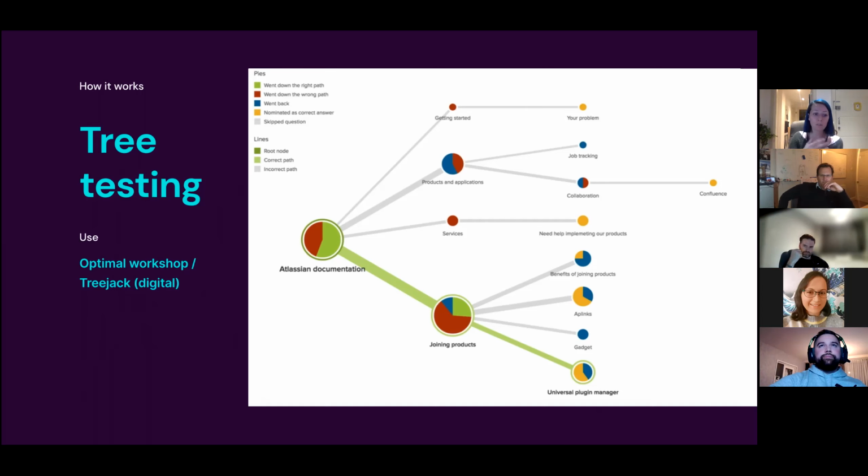You might do your content audit, do a card sort, tree test, find that something's failed, do another card sort, tree test again, right? It's an evaluation method that you can use at any point to help you, whatever you think you need.